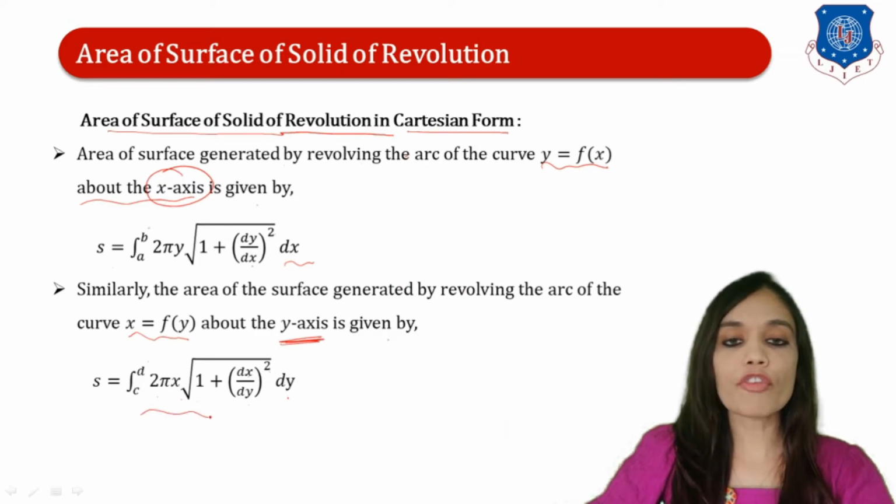So this is the formula to find the surface area generated by revolving the arc of the curve x is equal to f of y about y axis, right? So both these formulas are area of a surface of solid of revolution in Cartesian form, right?